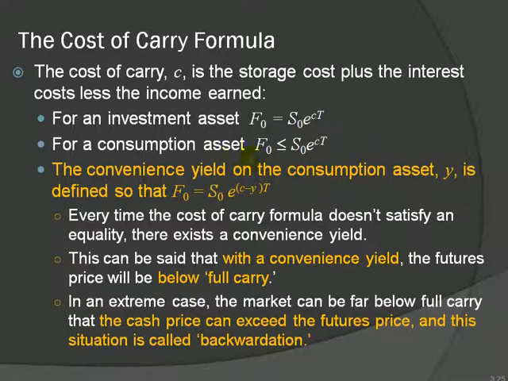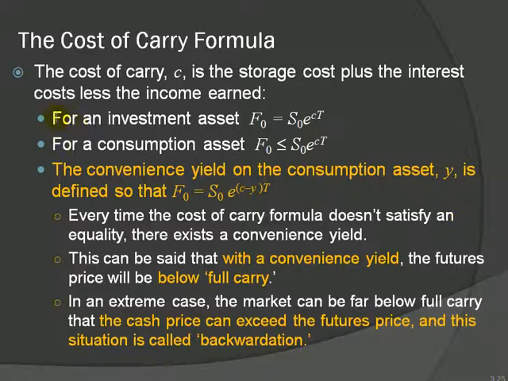Here we generalize the formula. The cost of carry is represented as C, and this is storage cost plus interest rate minus income earned. It could be interest income or dividend yield. So C could be r minus q plus u, or something else.